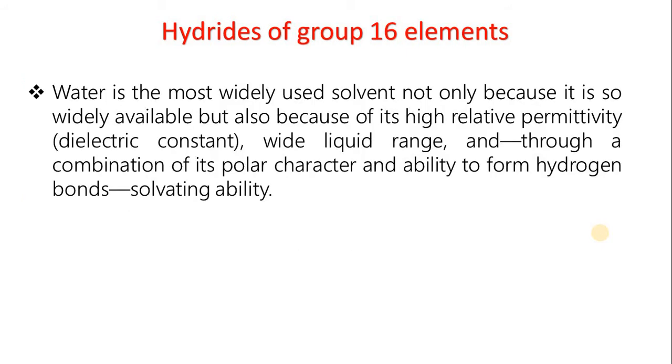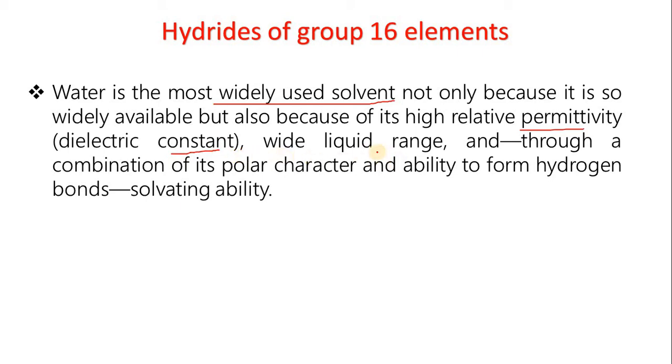Then, water is the most widely used solvent, not only because it is widely available, but also because of its high relative permittivity, the dielectric constant. The dielectric constant of water is around 80.